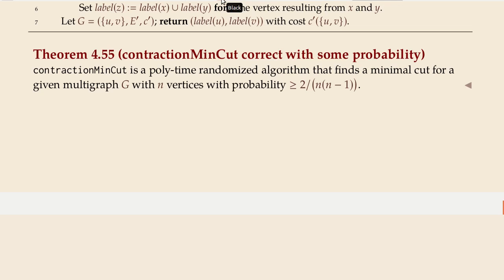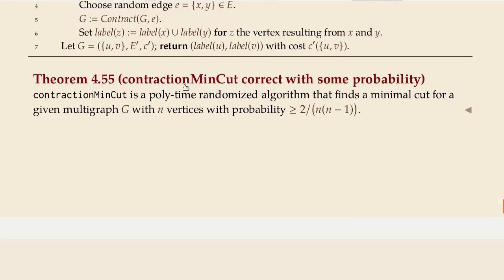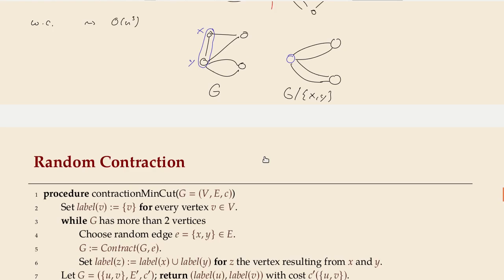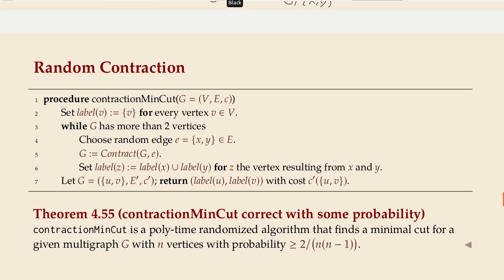Okay, a bit of notation that could fit here. If that's the original graph, we write G/xy for the graph that results from contracting this edge. Maybe the nicer way would be to simply use that notation here.